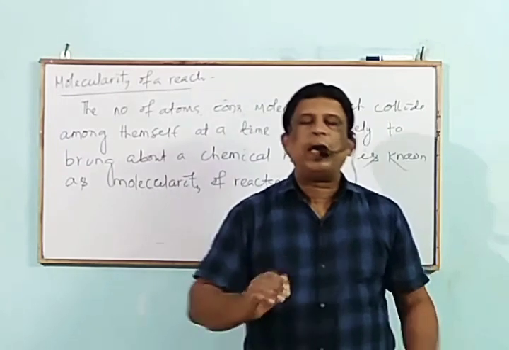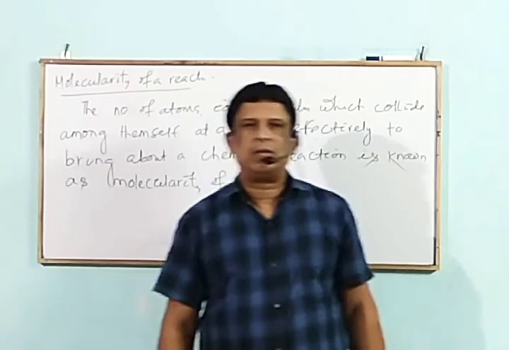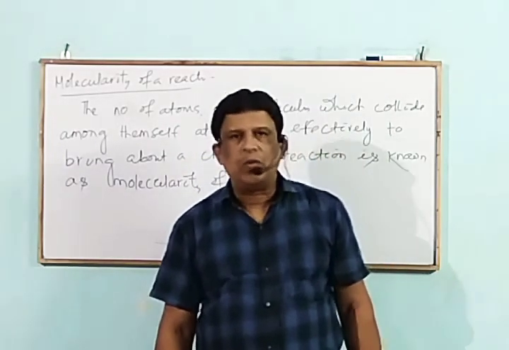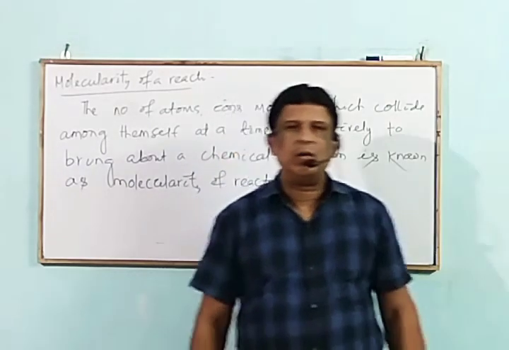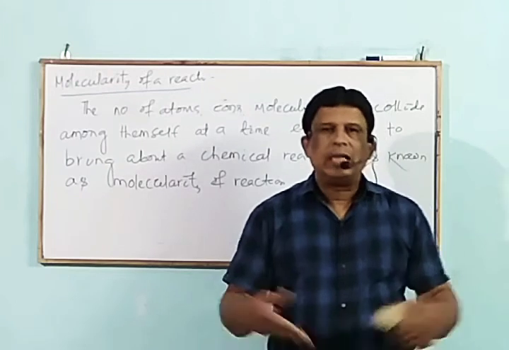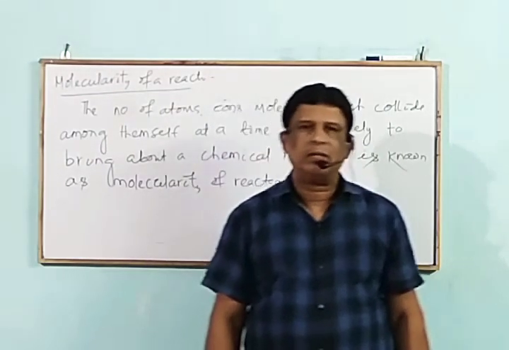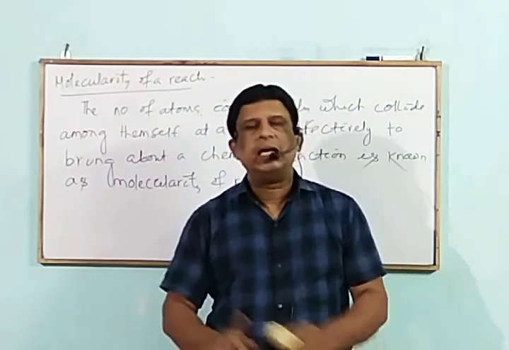Each step of a complex reaction is known as a mechanism step of the reaction. It has been observed that in case of a simple reaction, the total number of atoms, ions or molecules collide themselves at a time to bring about a chemical reaction, which proceeds through a single step.